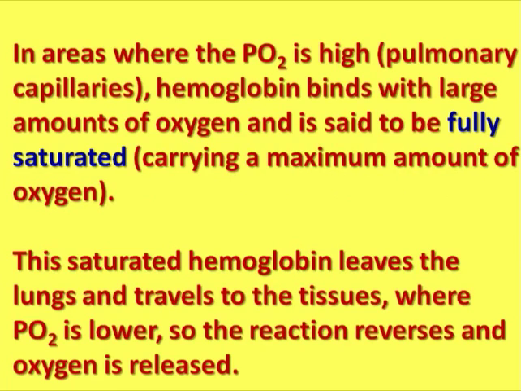In areas where the partial pressure of oxygen is high, especially in the pulmonary capillaries, hemoglobin binds with maximum amounts of oxygen and is said to be fully saturated. So you might have come across the oxygen hemoglobin saturation curves.